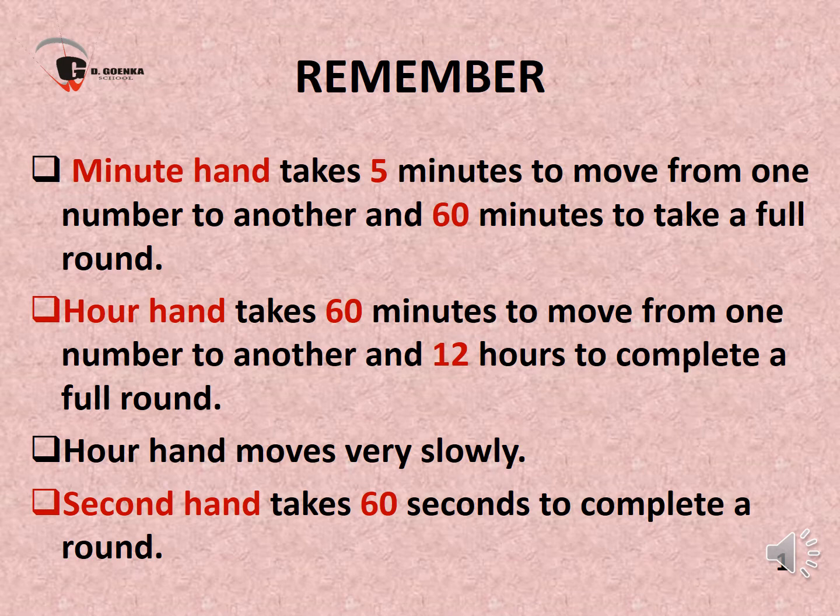Hour hand takes 60 minutes to move from one number to another and 12 hours to complete a full round, which means that if an hour hand is moving from number 1 to number 2, it will take 60 minutes to reach number 2. Hour hand moves very slowly. A second hand takes 60 seconds to complete a round.